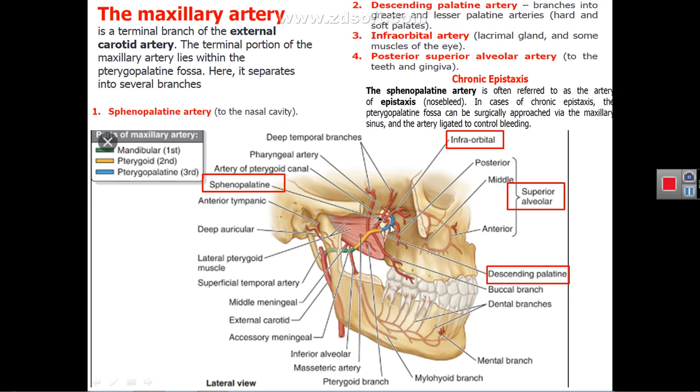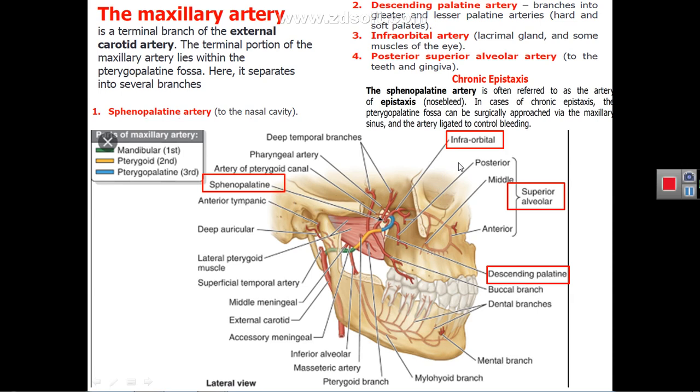So now we will describe branches of the maxillary artery in the pterygopalatine fossa. Here the maxillary artery gives sphenopalatine branch, or called nasopalatine branch, that passes through the sphenopalatine or nasopalatine foramen, which is in the vertical plate of palatine bone, reaching the nose and supplying the nose.